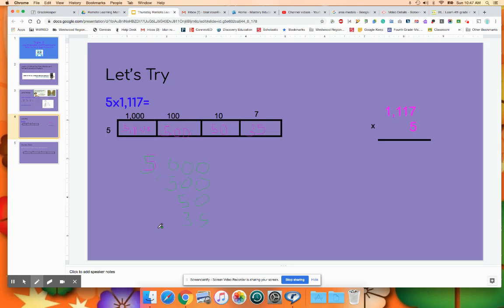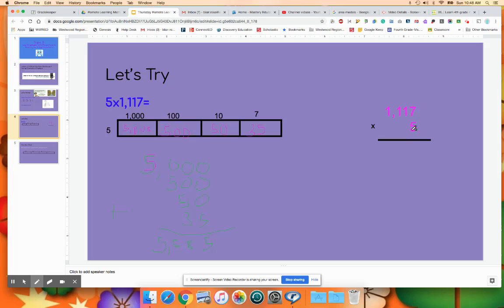And I know so many of you have already done this mentally, and you're just like, come on, Miss Ross. Okay, 0 plus 0 plus 0 plus 5 is 5. 0 plus 0 plus 5 plus 3 is 8. 5 plus nothing is 5. Ooh, that's a smushy one. And then 5 plus nothing is 5. So 5,585.